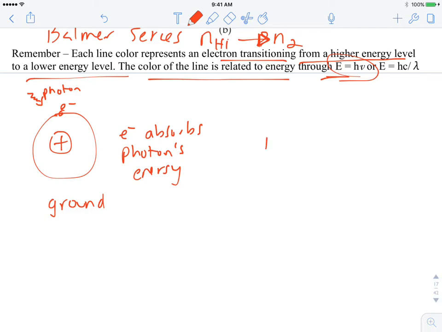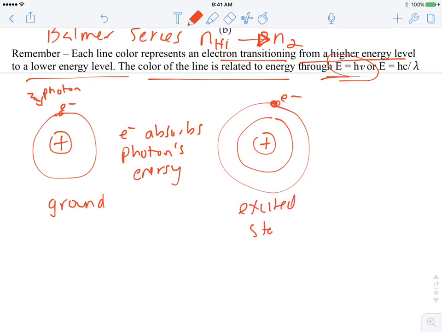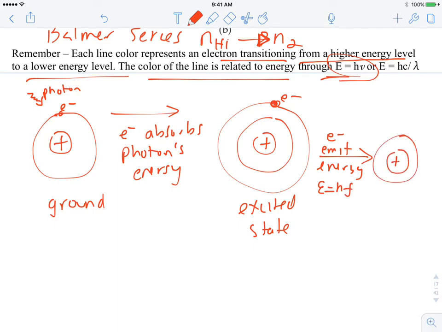This causes the electron to jump to a higher orbit. This is called the excited state. This is unstable, and so the electron will emit energy that corresponds to E equals h times frequency and return back to its ground state.